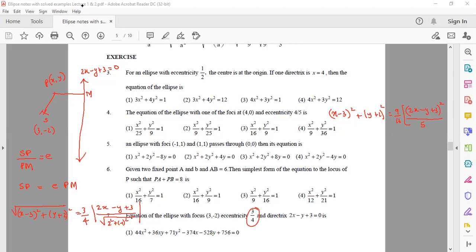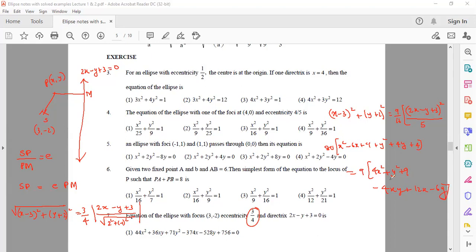Now 16 into 5 is how much? 80. Equal to 9 into (a² + b² + c² + 2ab + 2ac + 2bc).